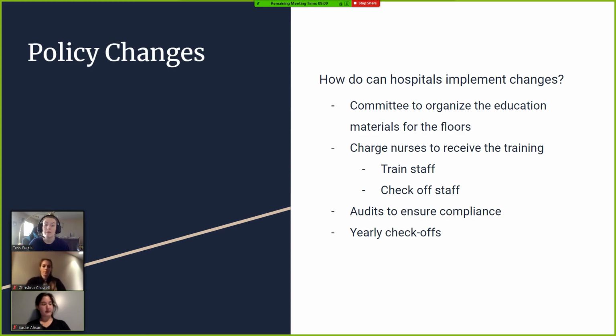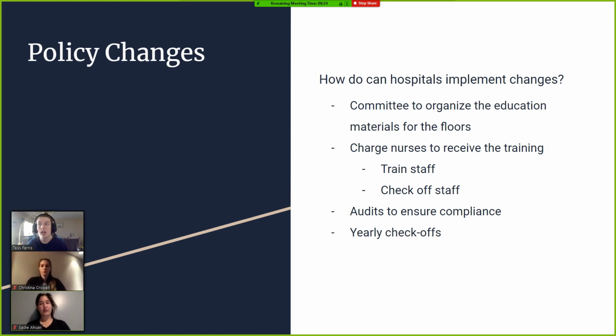So there are many methods that can be used to improve compliance in our facilities, such as the audits and the yearly checkoffs and things like that. But the most important thing, besides just the education about VAP, is making sure that we're also learning more ways that we can prevent VAP, because the more we learn, the better we are able to fight VAP.